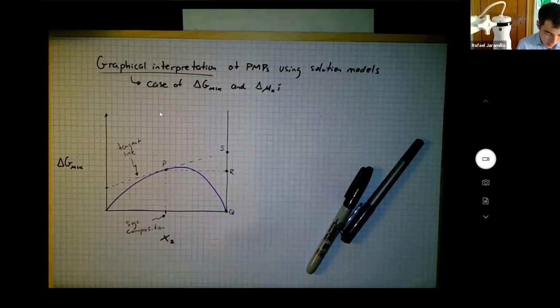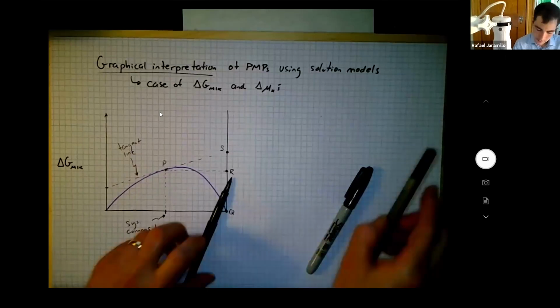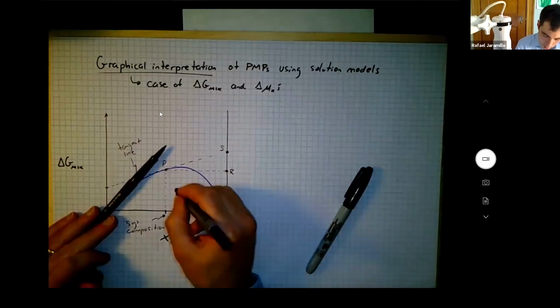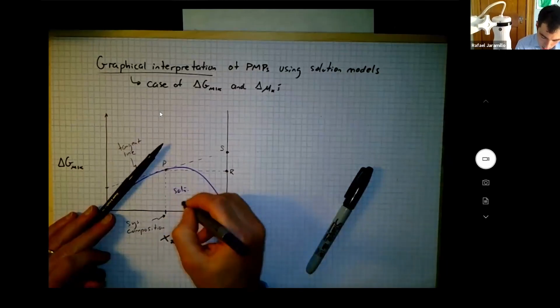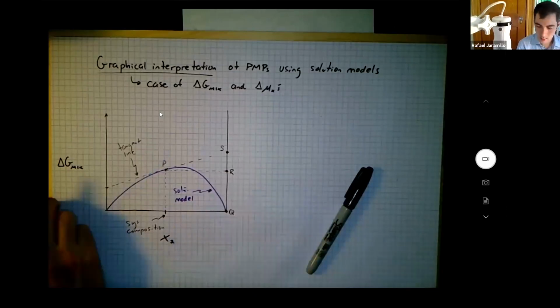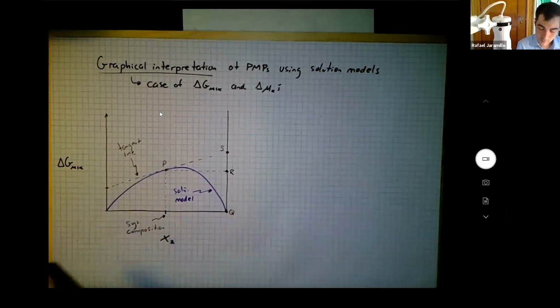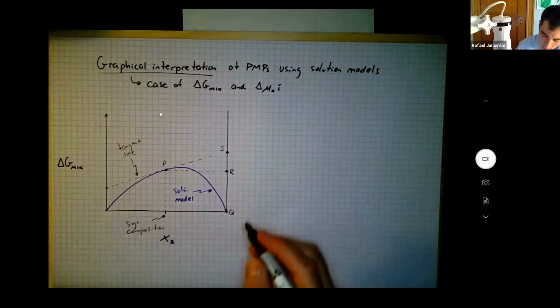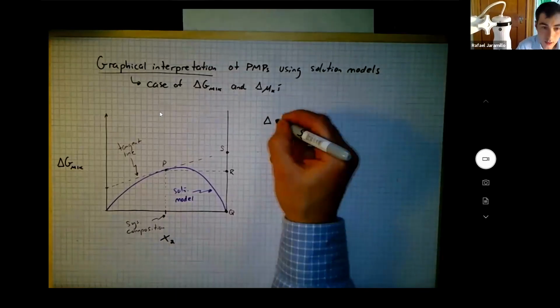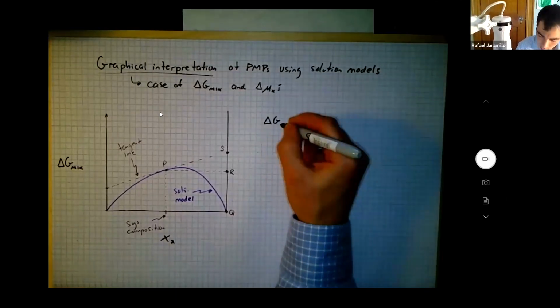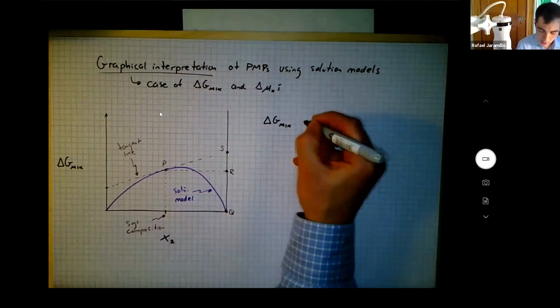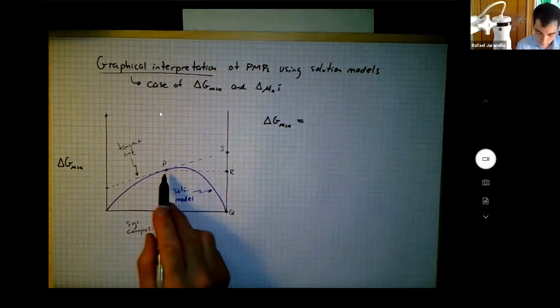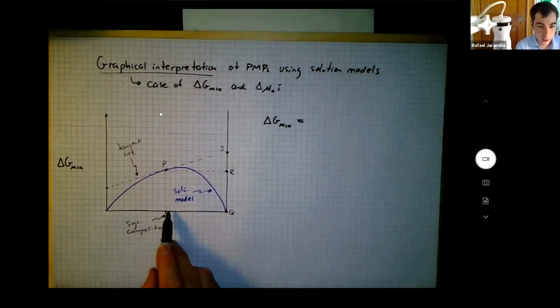And we have a solution model. So delta G mix is just the height of this curve, it's just QR.